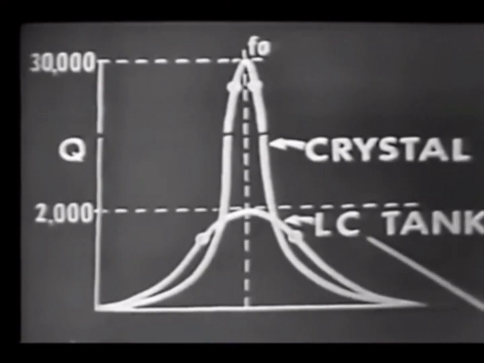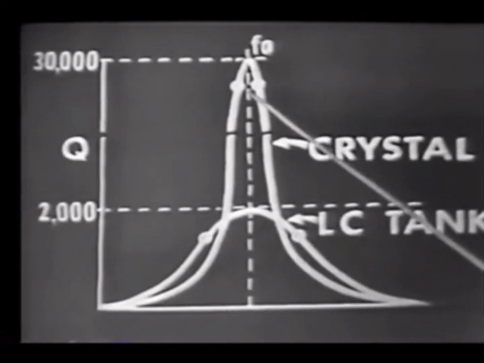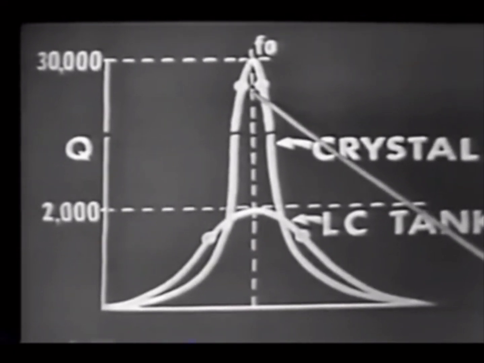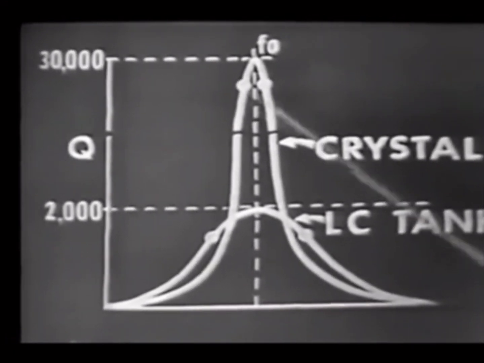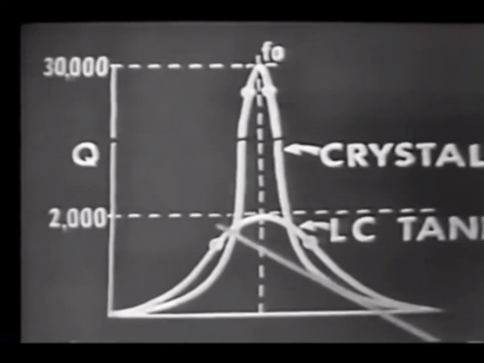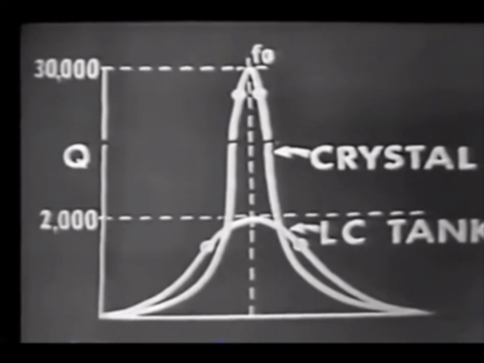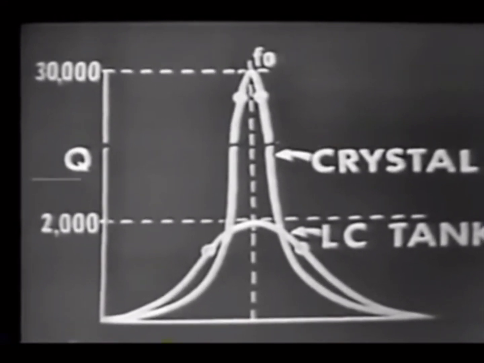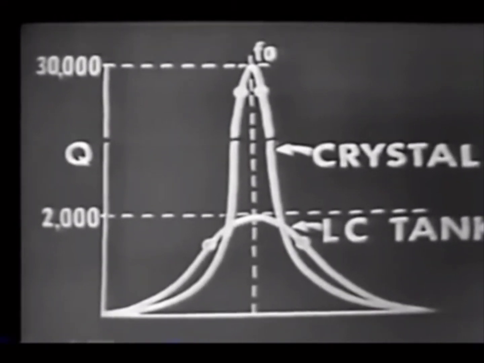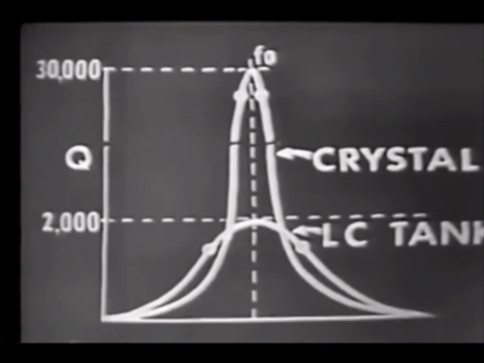Now, because of the high Q, this would mean that the crystal would have better frequency stability, because its bandwidth is much more narrow than that of the LC tank circuit. Then at this time, let's complete item 10 in our TVI guide.